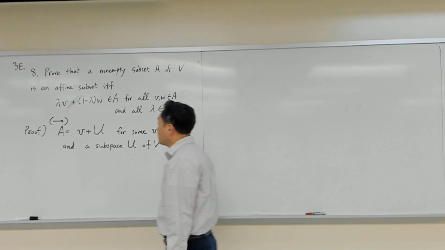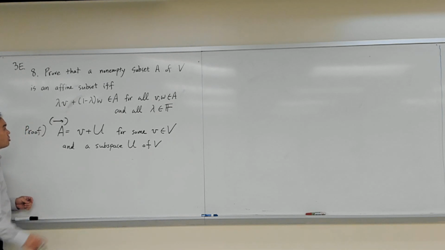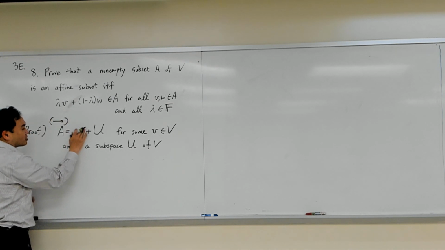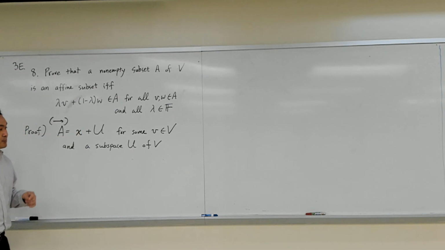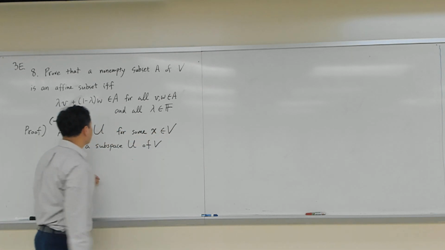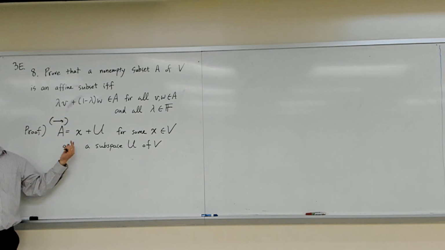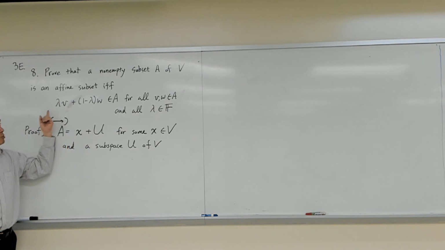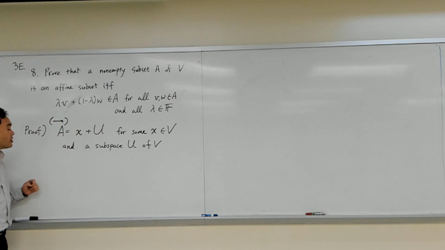And what we need to show is that, because I have V and W here, let's rewrite this as X. So for some X and V, V and W would be two different vectors that look like this. And then for those two vectors, we have to show that this is still in A. Is that good? All right, so let's try that.